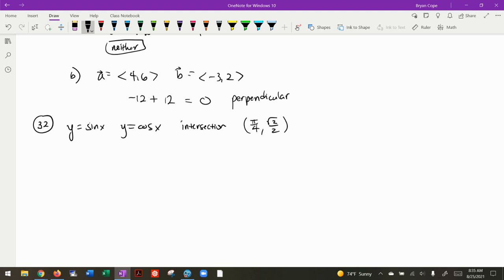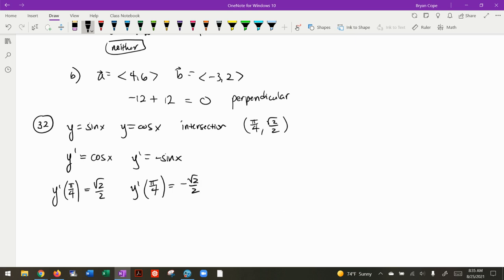So we want to figure out the slope of the tangent line at that point. So we're going to take y prime, which is cosine x, and y prime here, negative sine x. And let's take y prime at pi over 4, which is root 2 over 2, and y prime at pi over 4 for this one, which is negative root 2 over 2.